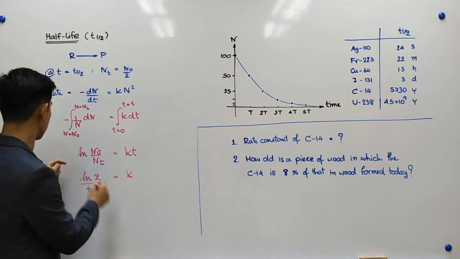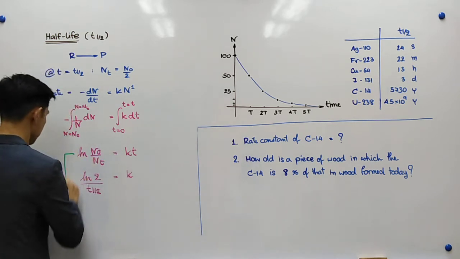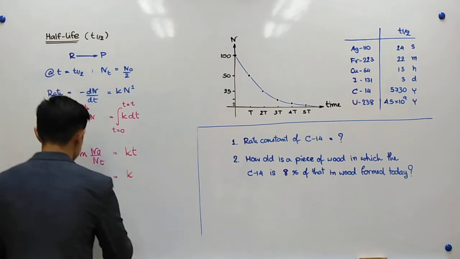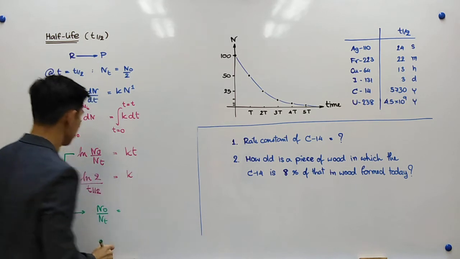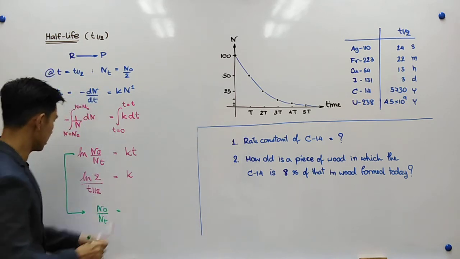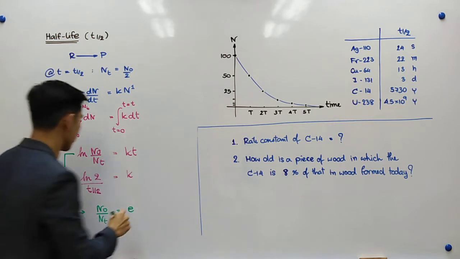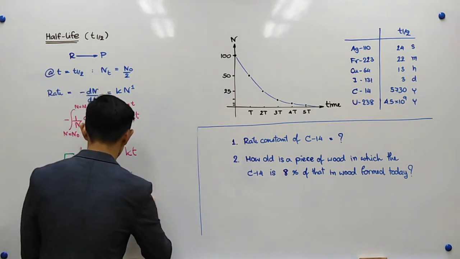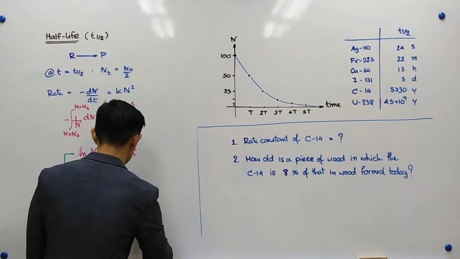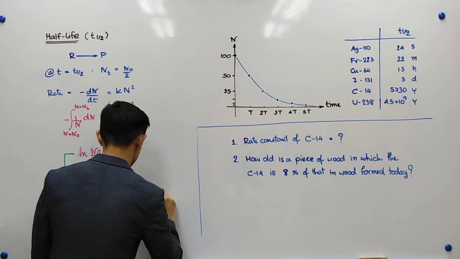Actually, from this equation, we can also make it like this: N0 over Nt equal to e to the power of kt. And kt is equal to ln 2 divided by the half-life, multiplied by t again.